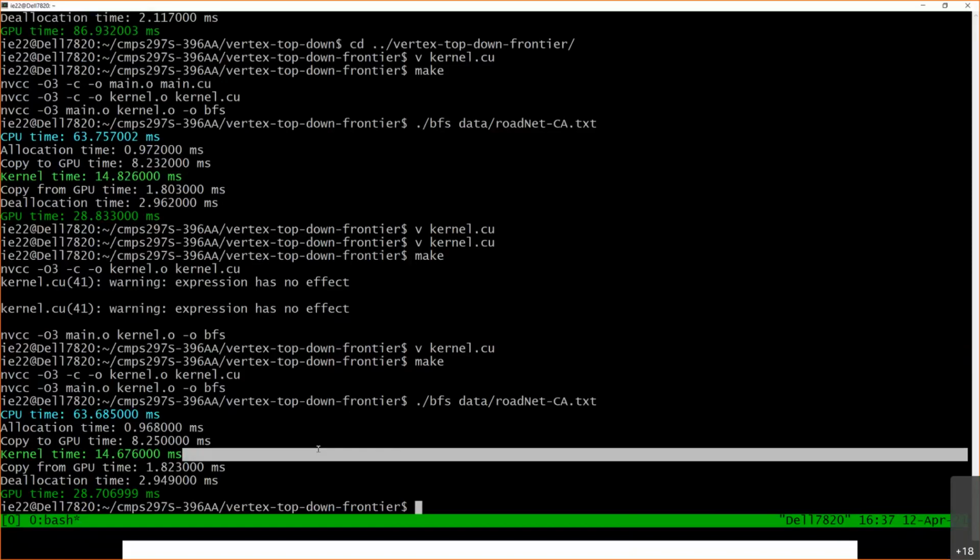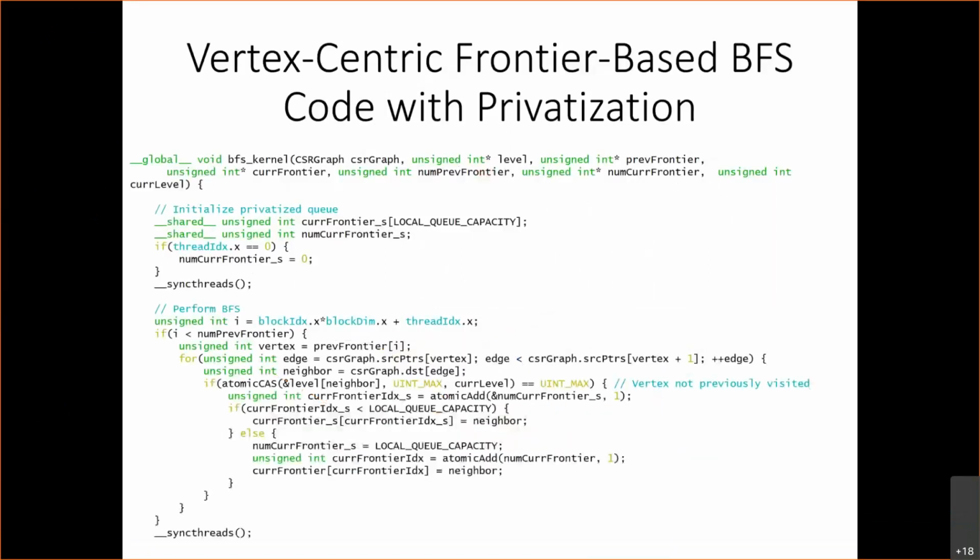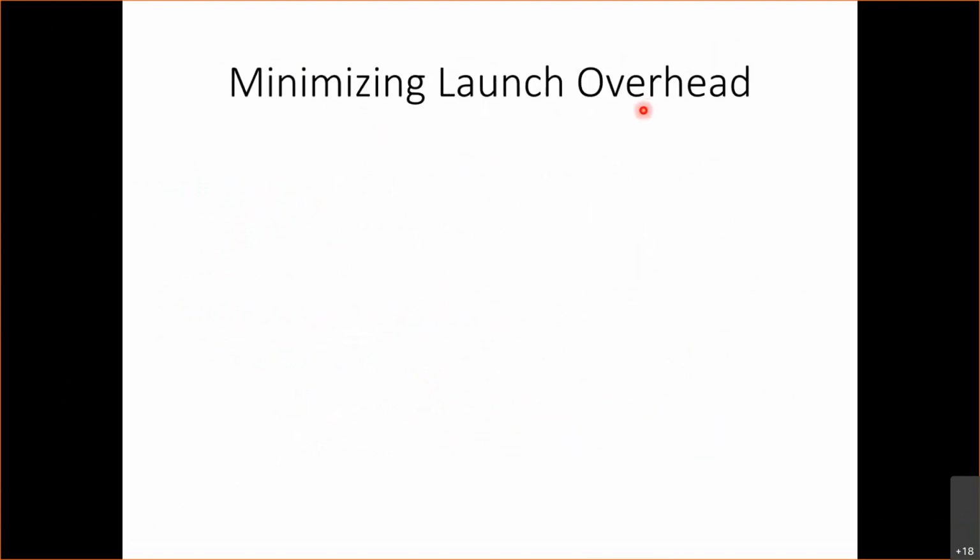All right, so having seen this, let's go back. This is the code that we wrote, and this is the continuation of it. Minimizing launch overhead. One thing that we've been doing so far is calling a kernel for every level, because we need to synchronize across all the threads on each iteration.